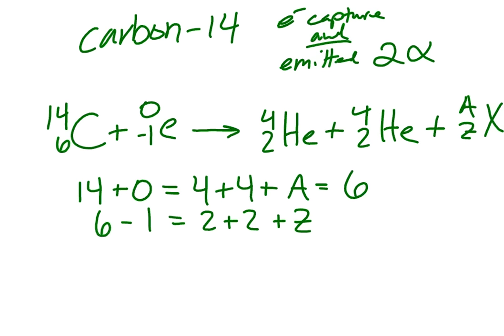And then I have 5 on the bottom, and we have 4 plus Z. That means Z would have to be 1.